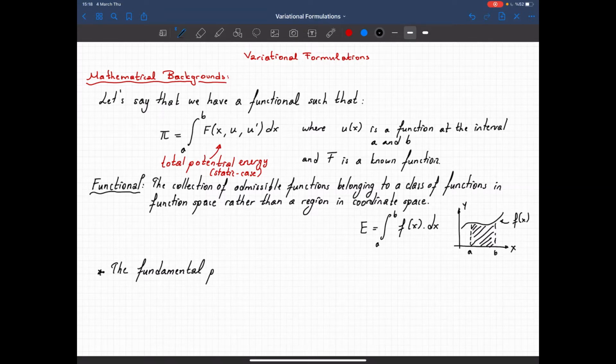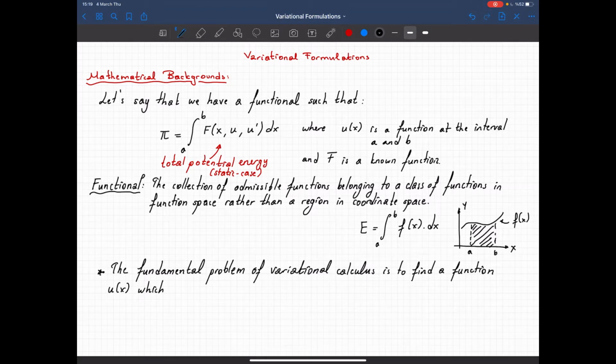The fundamental problem of variational calculus is to find a function u of x which gives us the minimum or maximum value of P. Let's think about the total potential energy case.